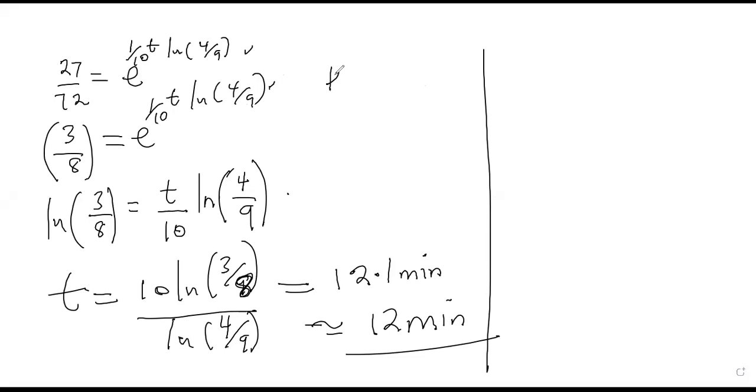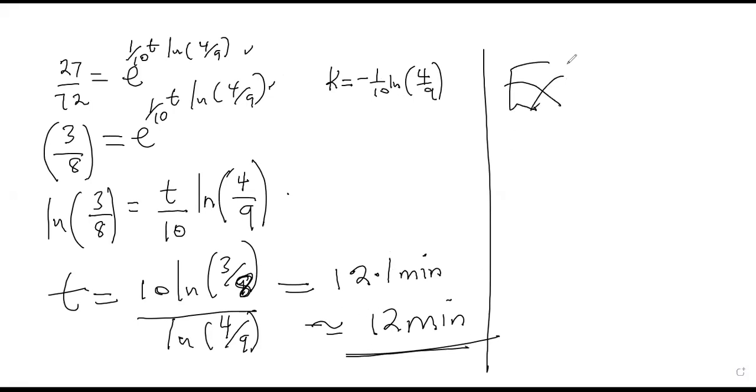My k was negative 1/10 ln 4/9, but the expression where I'm going to substitute also has negative t something. So when it goes there, it will become positive. Okay, so our time is 12 minutes.